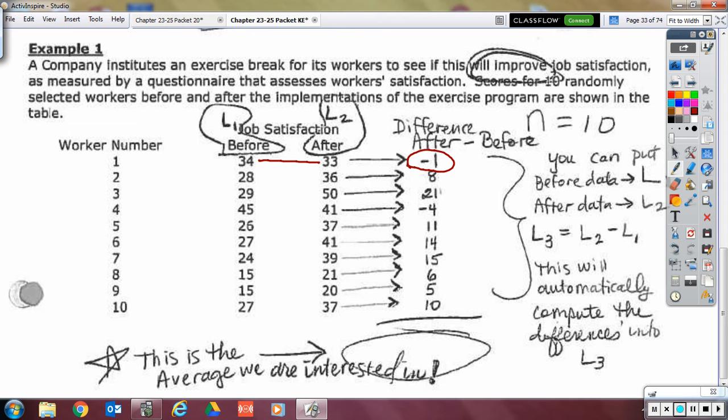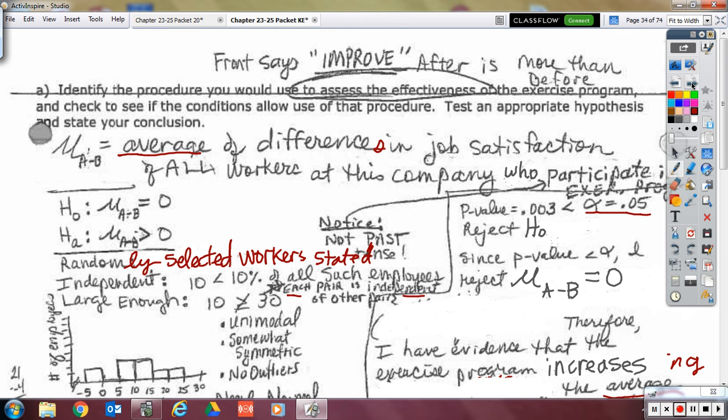And we got that down 1 by doing 33 minus 34. So by doing the after minus the before, the sign that we get here is intuitive to what effect occurred. See, 41 minus 27 is how we get this 14, and it went up from before to after, increased 14 points in job satisfaction. So that's why we typically do the after minus the before.